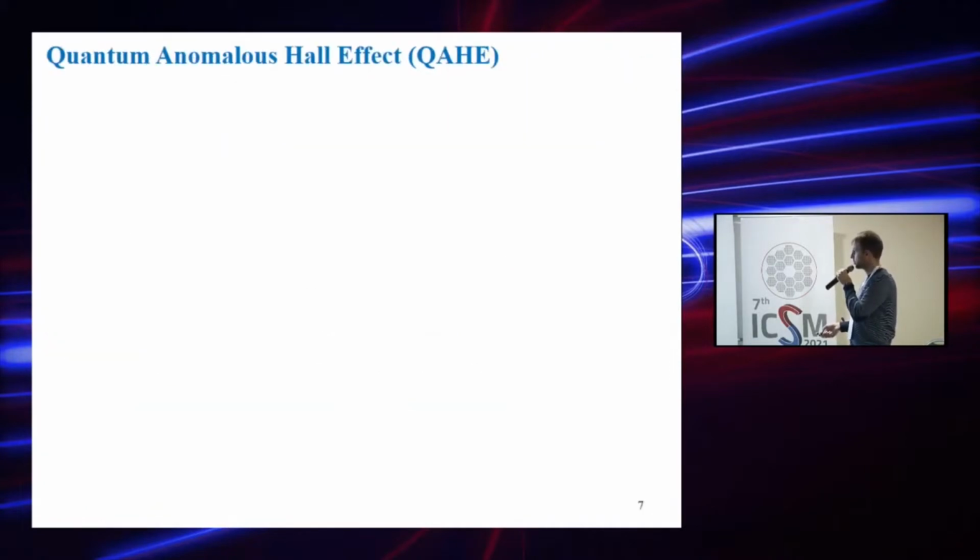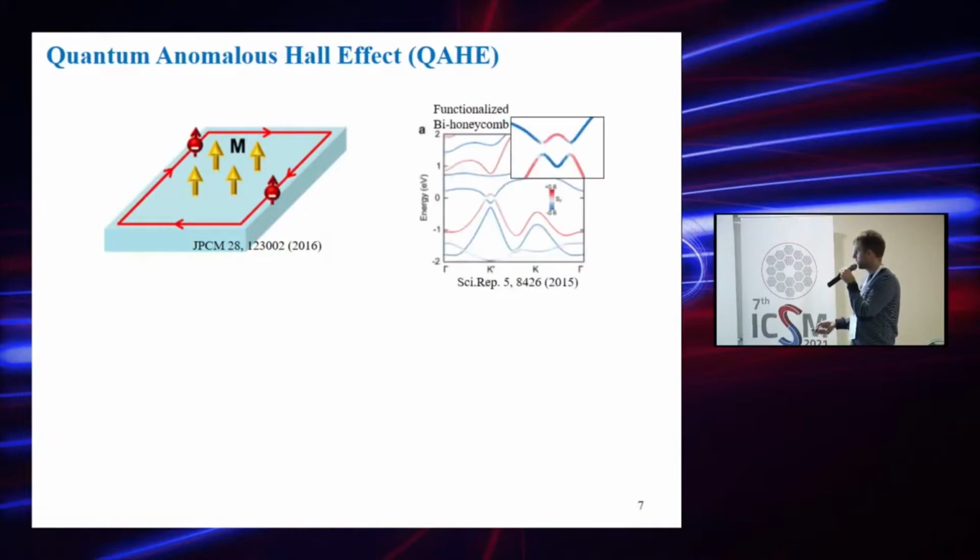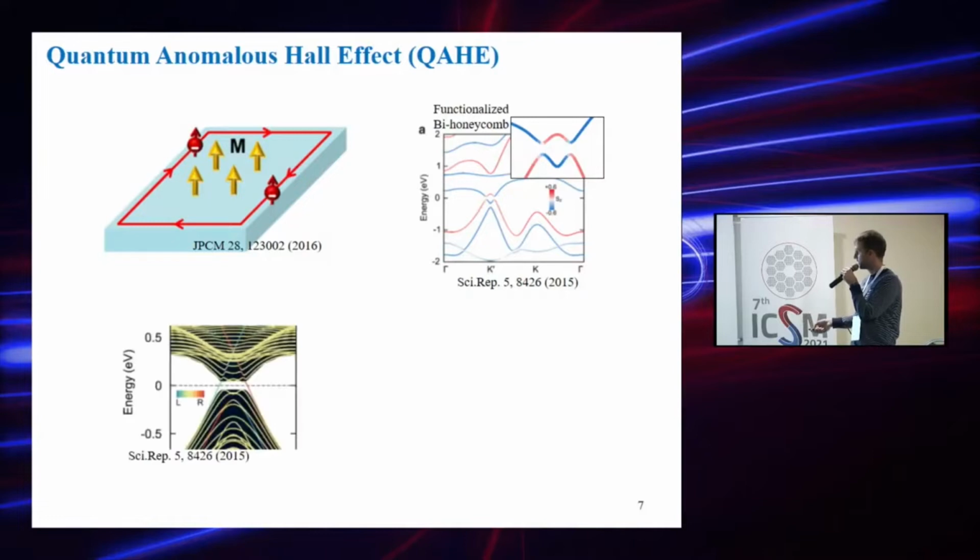For example, the quantum anomalous Hall effect, which can be observed in 2-dimensional time reversal symmetry breaking systems generally with a non-zero magnetization. The material's band structure should feature this inverted bulk band gap, and therefore, due to the bulk-boundary correspondence, its edge should host a 1-dimensional chiral mode, meaning that at the given edge the electron can only propagate toward one direction, it cannot backscatter, as is shown here.